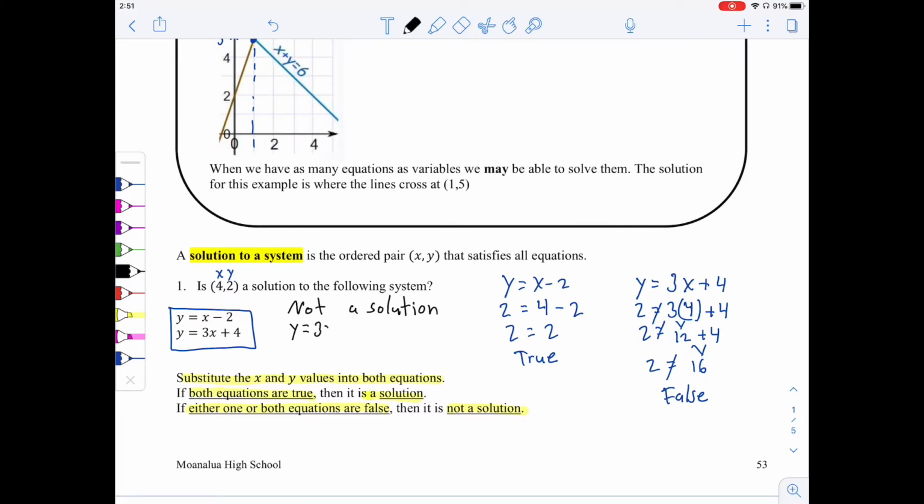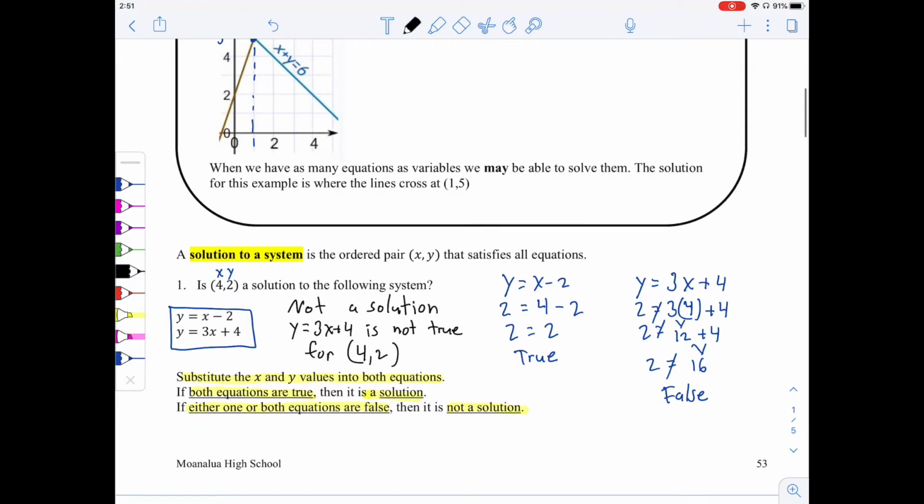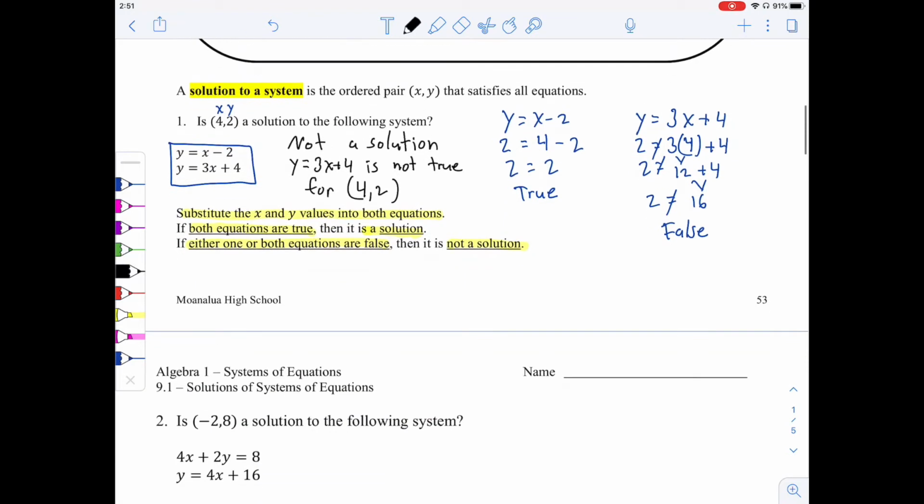Your y equals 3x plus 4 is not true for your ordered pair 4, 2. When you substitute 4 into x, it doesn't come out to be 2, so that's wrong. So it is not true. It's not a solution.